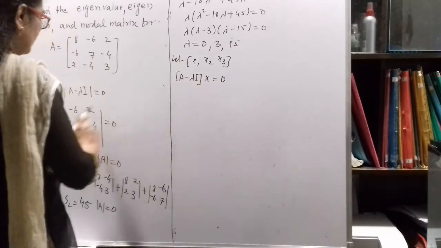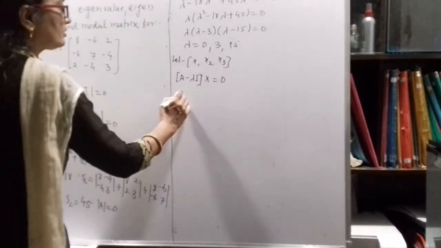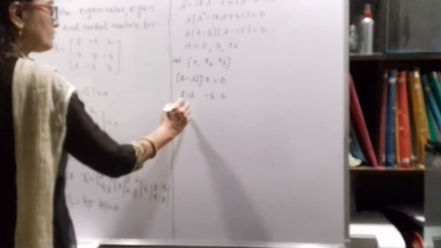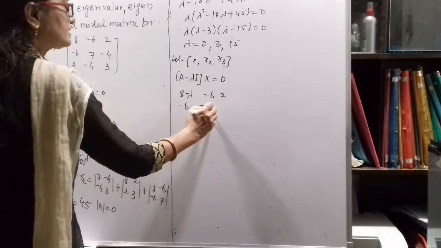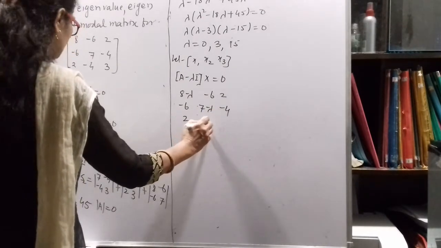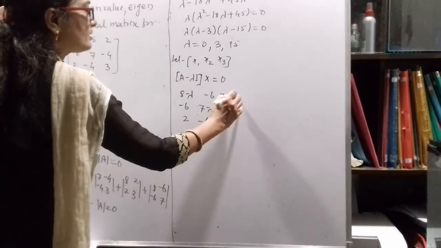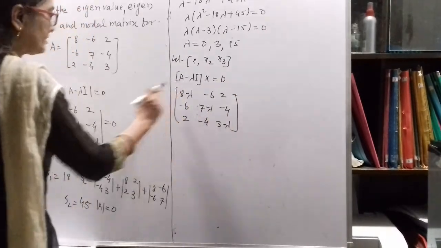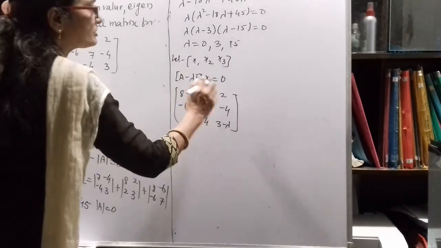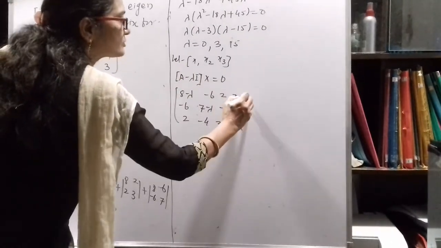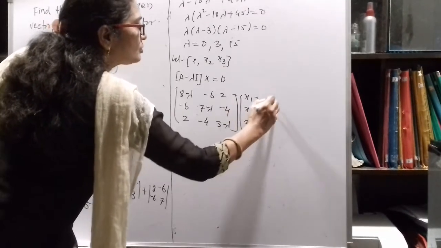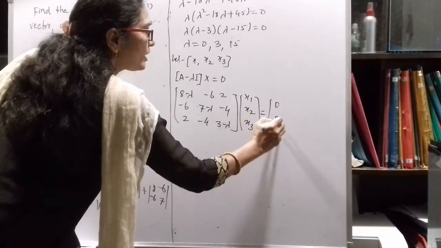So we get the matrix 8 minus lambda, minus 6, 2; minus 6, 7 minus lambda, minus 4; 2, minus 4, 3 minus lambda, multiplied by x, where x is x1, x2, x3, equal to 0, 0 and 0.